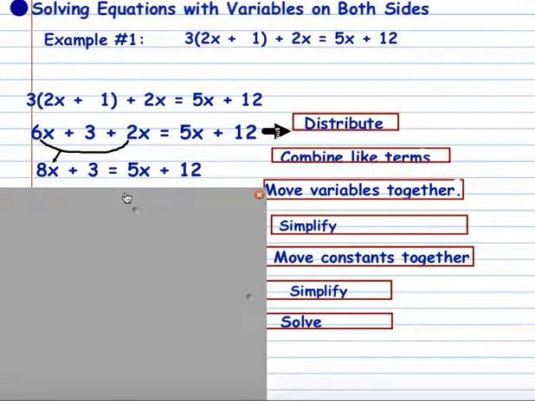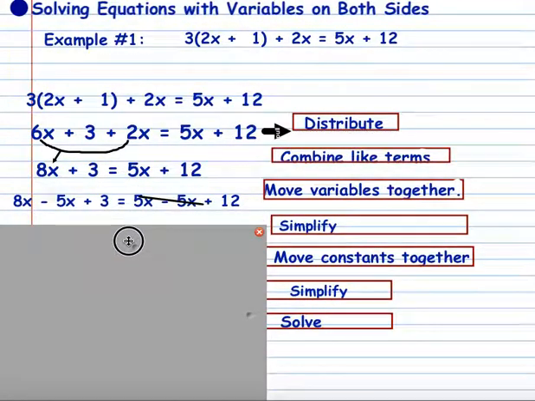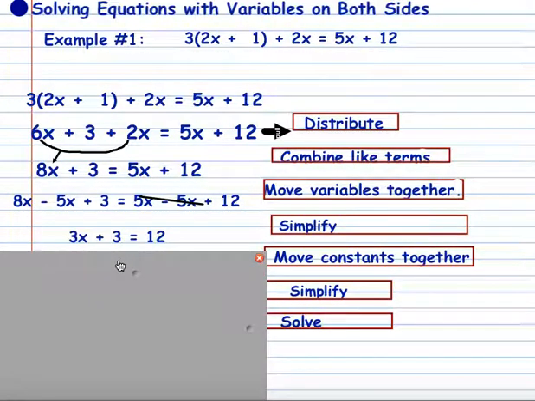Well, step number 3 says that we need to move our variables together. I always like to take the smaller of the two and move it to the other side. This means that I will be working with positive coefficients rather than negative. So to do that, we need to subtract 5x from each side, which means that we get 8x minus 5x, so we simplify to get 3x plus 3 equals 12.